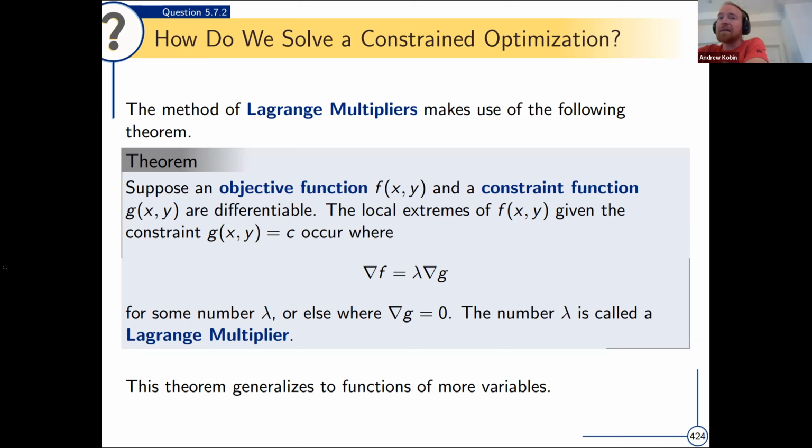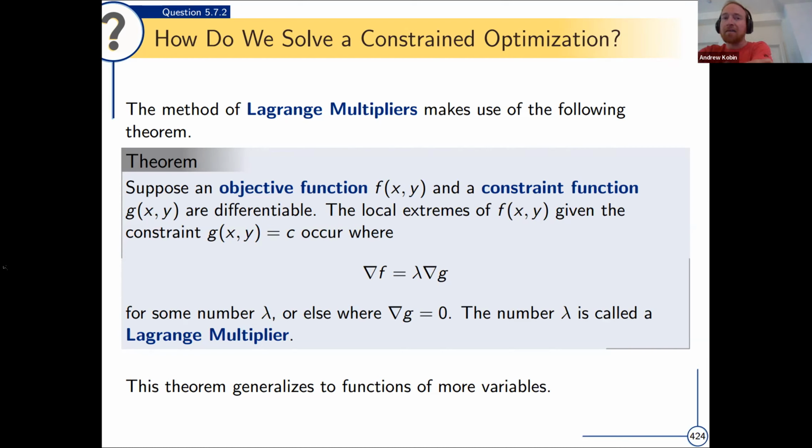You should think of this as saying that the gradient of f is parallel to the gradient of g, and the Lagrange multiplier lambda is the factor that allows you to multiply from one to get the other. So nabla f, the gradient, is a scalar multiple of nabla g, the gradient of g, and that scalar factor is the Lagrange multiplier lambda.